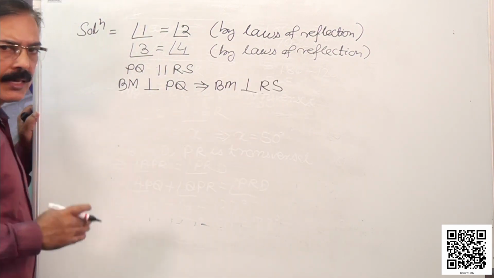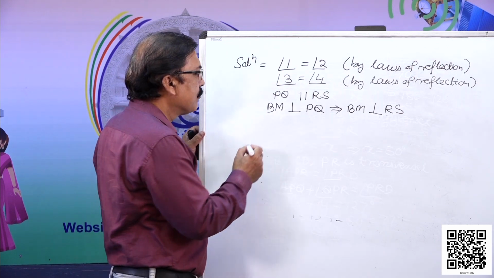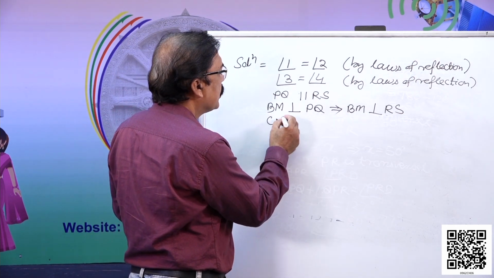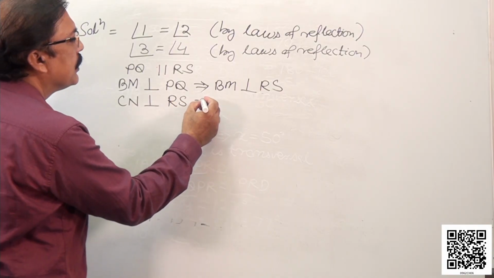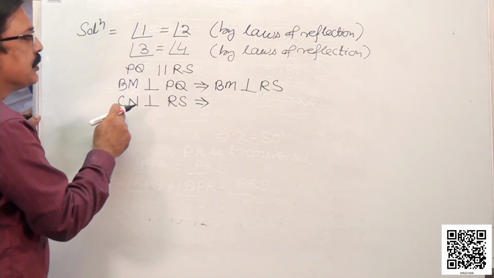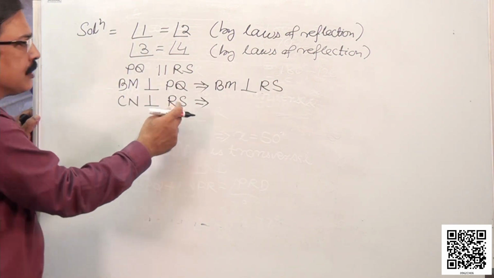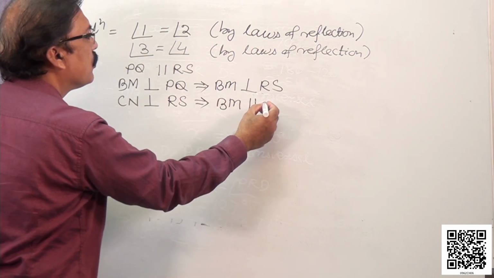If we extend it, then it will also be perpendicular to RS. And also we are given CN is perpendicular to RS. This shows that BM is parallel to CN.